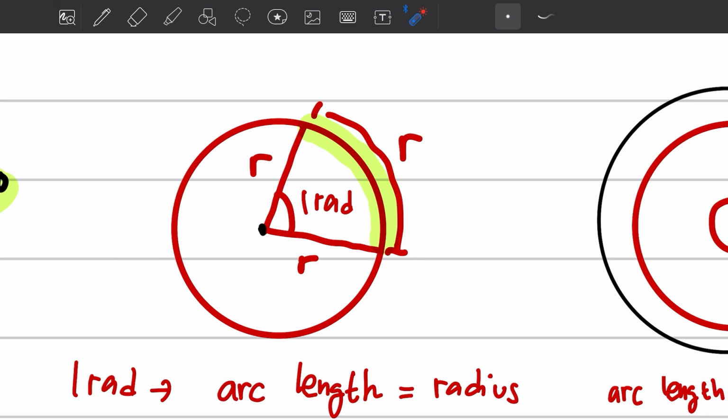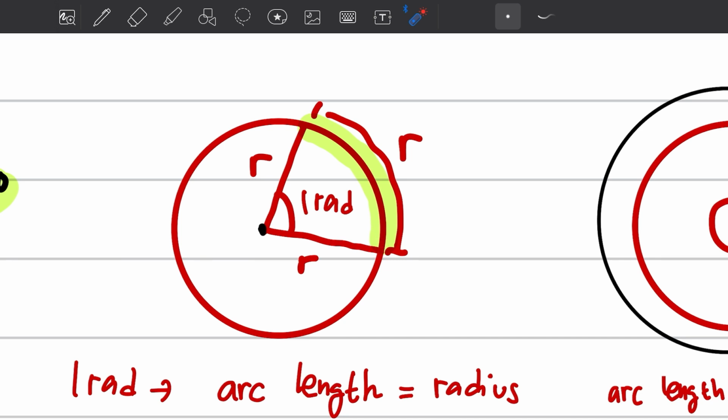Now, if my arc length equals the radius, that means the angle created by this arc length will be 1 radian. So 1 radian is the angle. How big is this angle? 1 radian is created by the arc length that is equal to the radius.